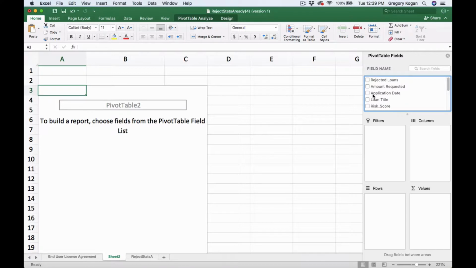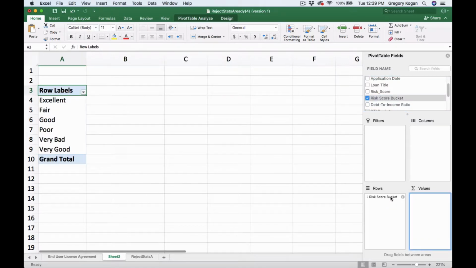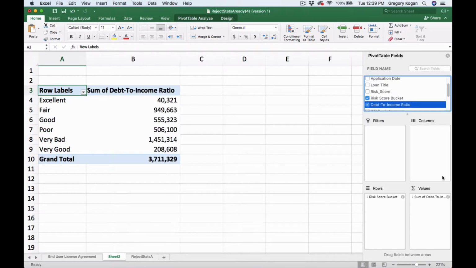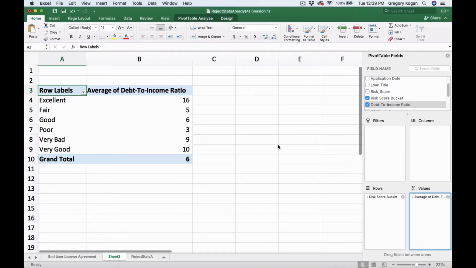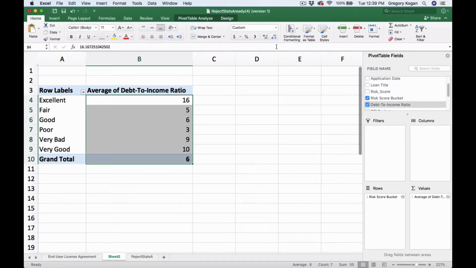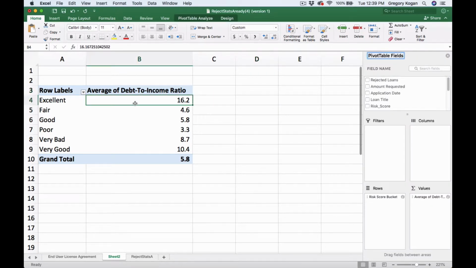And what we could do is, say we wanted to look at risk score bucket in the rows, actually, and then we wanted to see the debt to income ratio in values, but not the sum, but the average. So in other words, what is the average debt to income ratio of people who have different credit? And again, debt to income ratio is how much monthly debt payment goes compared to the monthly income.